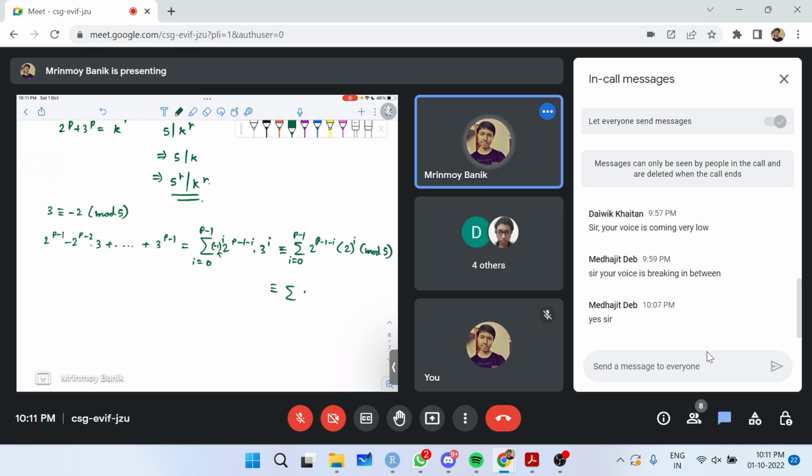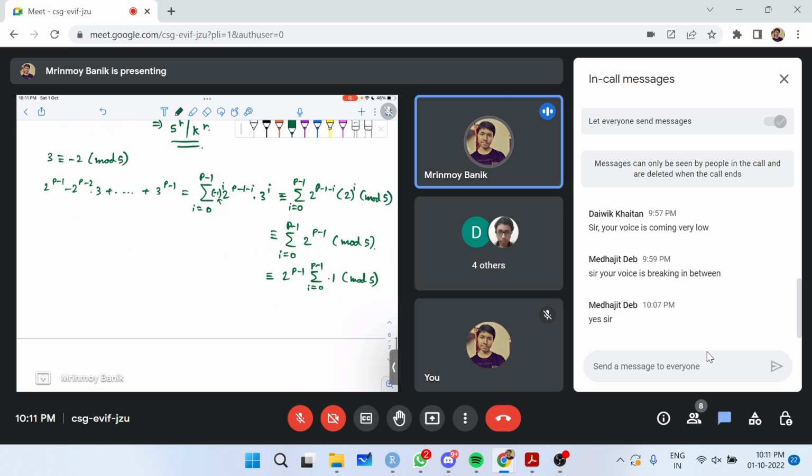Simplify it: 2^i and 2^(p-1-i) give 2^(p-1). Then you can take 2^(p-1) out of the summation and sum up over p things.